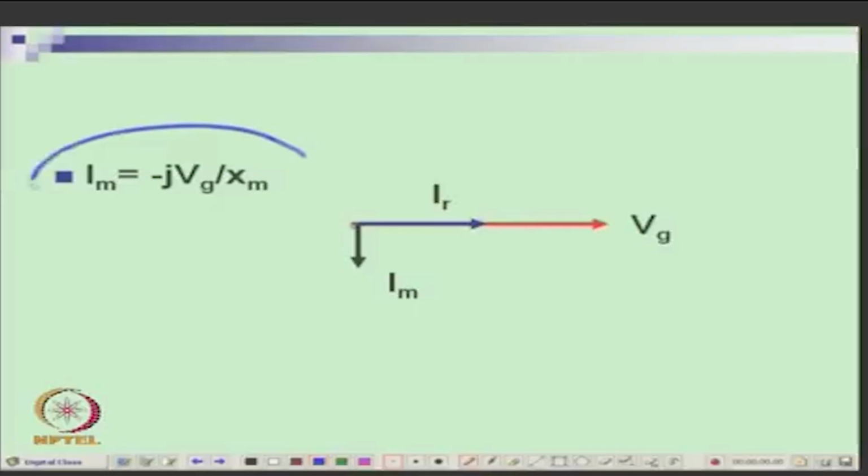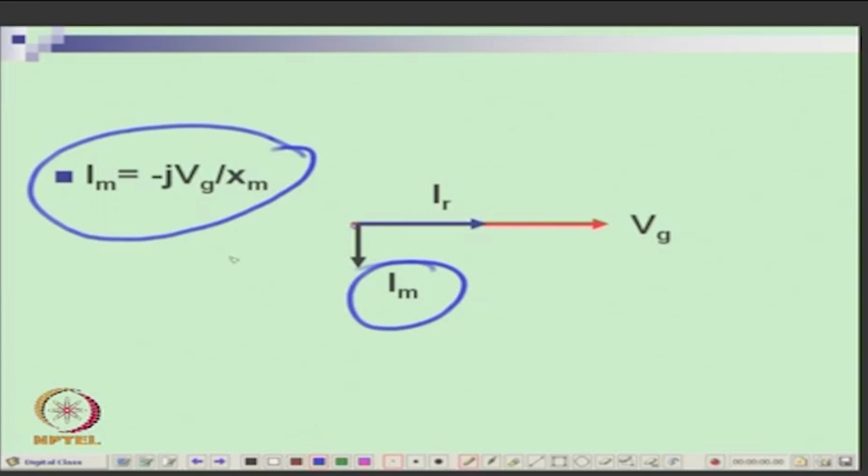And then magnetizing current direction does not change, because that will be the same, Vg, and Im will be lagging Vg by 90 degrees. Then IR will be as per generating conventions.